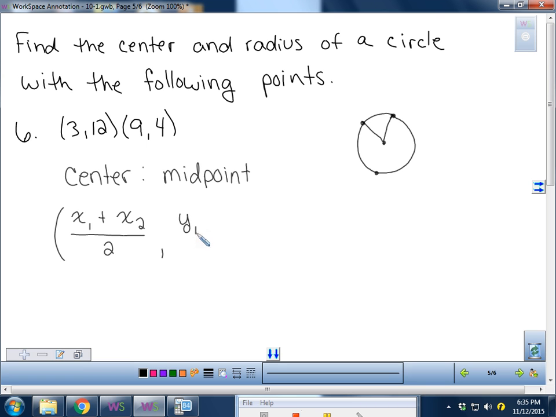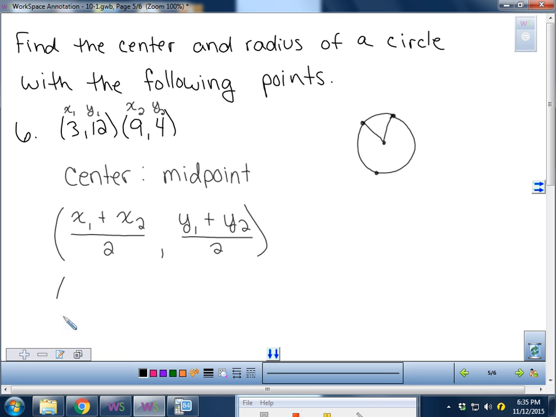And I take my y values and I add those together and divide by 2, and that's going to tell me the midpoint or the center between those 2 points. This x1 and this x2, that just means this is the x of one point, this is the x of the second point. Same thing with the y's. This was the y of the first point. This is y of the second point. It doesn't matter which point comes first, but if this is x1, then its partner has to be y1. If this is x2, its partner has to be y2.